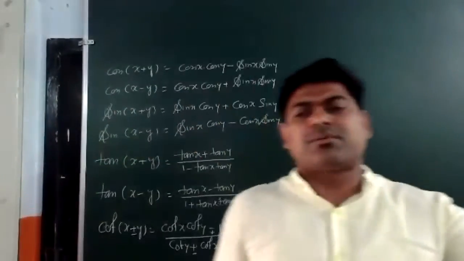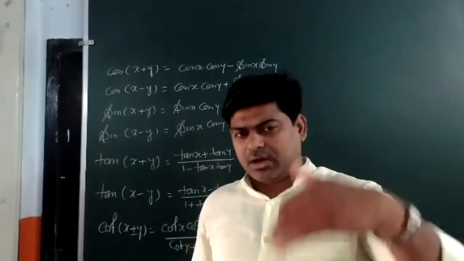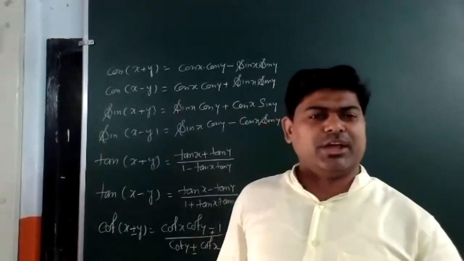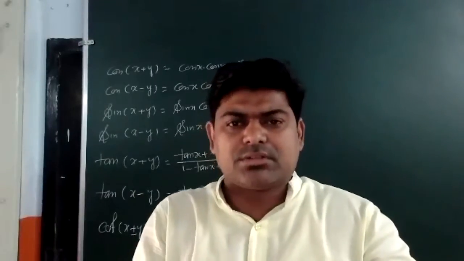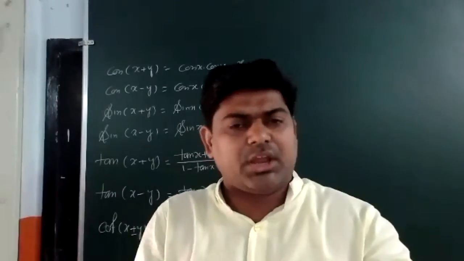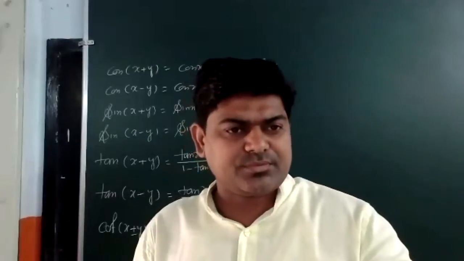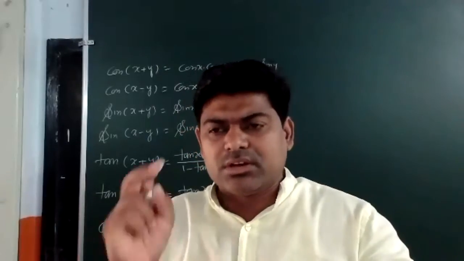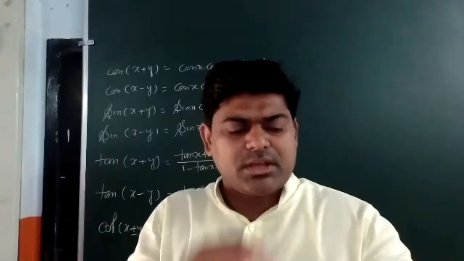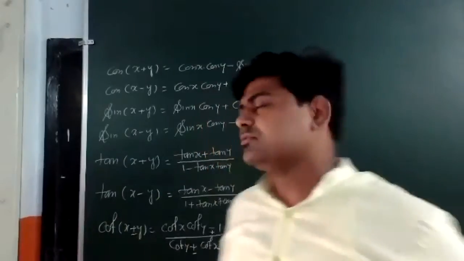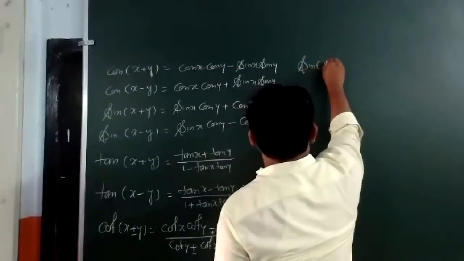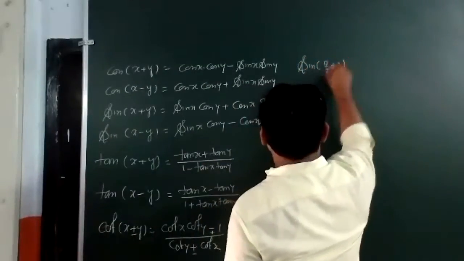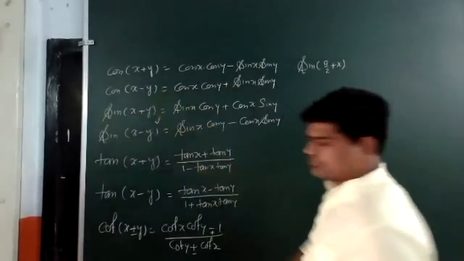Now, what is the use of quadrant here? For the last 4 days I have been continuously discussing one thing: whatever we learned in 3.3 will be used again in 3.5. In 3.3, we discussed the quadrant concept. Here in your book, he has done this: find the value of sine pi by 2 plus x using this formula.